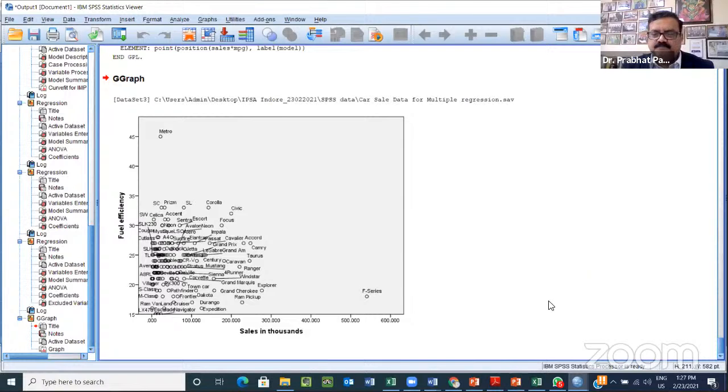Participants, yes, somebody wants to say something. How have you analyzed these different models from the SPSS? Can you tell me once again the process? I didn't get your point. How to analyze? Because you have analyzed the different models which can be prepared initially, before coming to the graph, by using the SPSS.